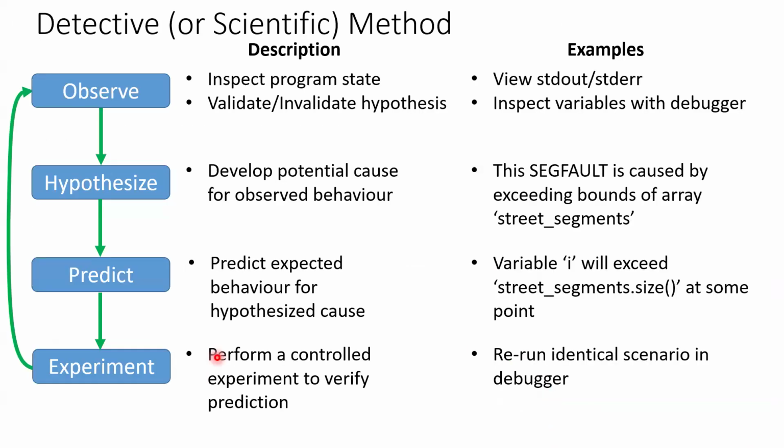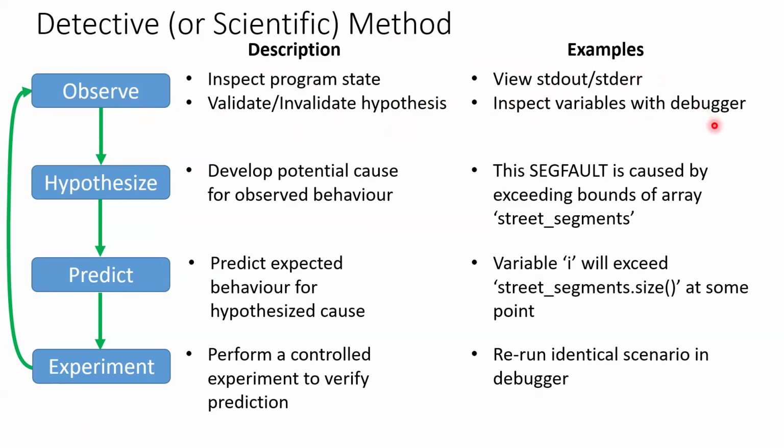Another method is called the detective or scientific method, where you are debugging in a loop. Starting from observe: there is something going wrong, or something that you can see from the std out, std error, or you can inspect the variables with the debugger.